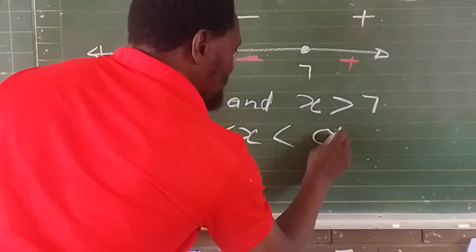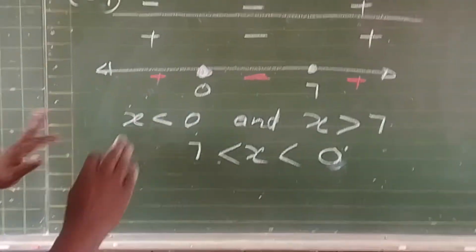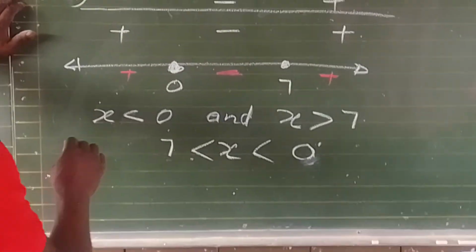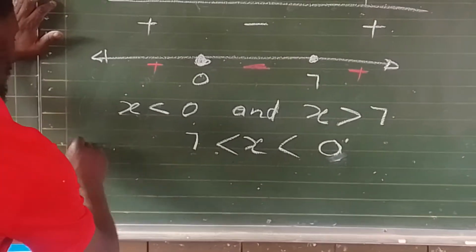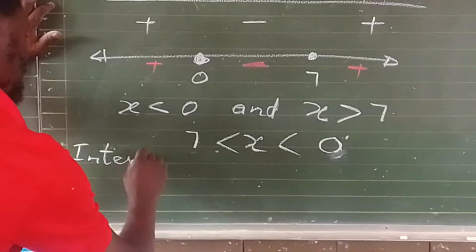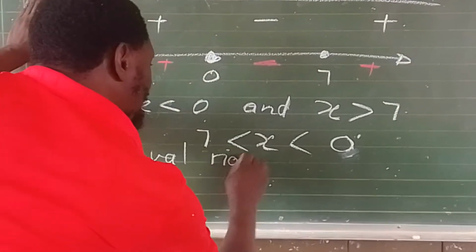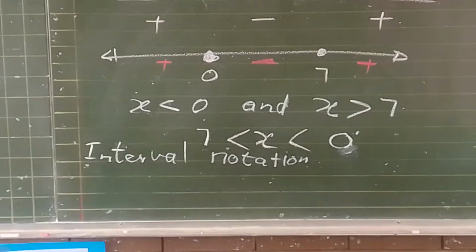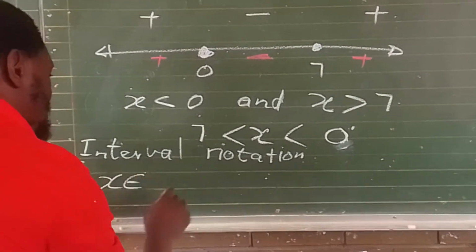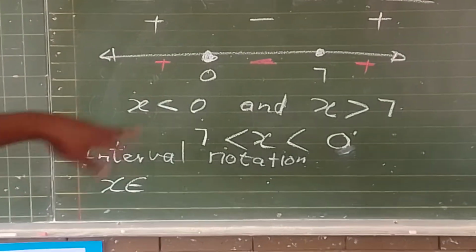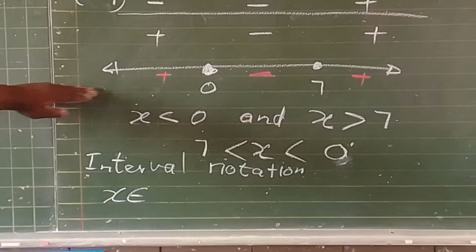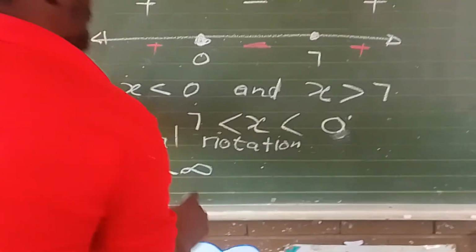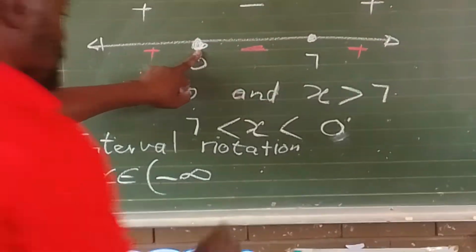Now this is your answer so far, but I want to leave you with another extra lesson called interval notation. In the interval notation, you find that x is an element of, all the way from negative infinity to 0.